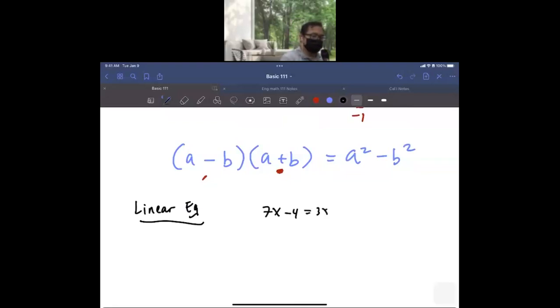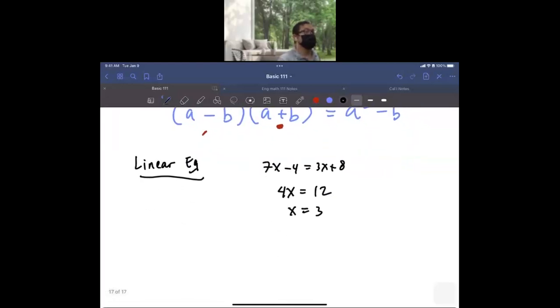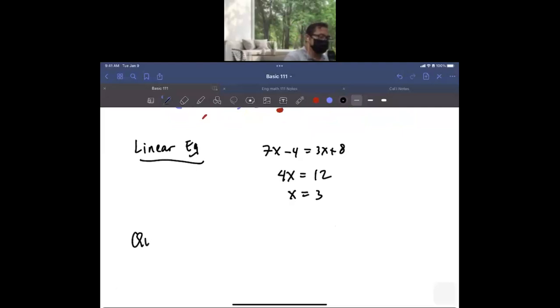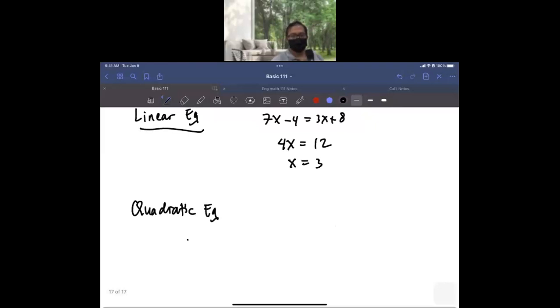Like for example, 7x minus 4 equals 3x plus 8, and then just grouping all x and then all the constants, and you know that this will be, I think, easy enough, right? So I don't think this is important. The second part will be the quadratic equations. Let me just write the important things here.